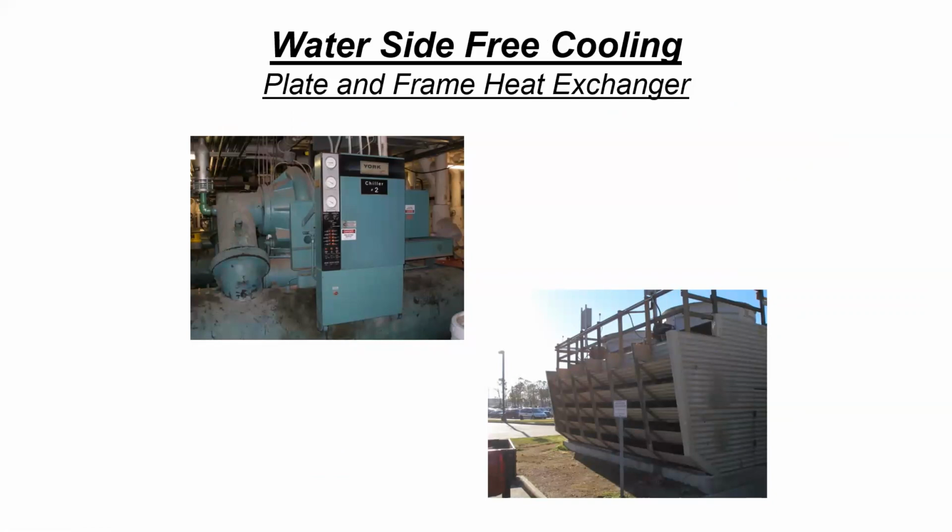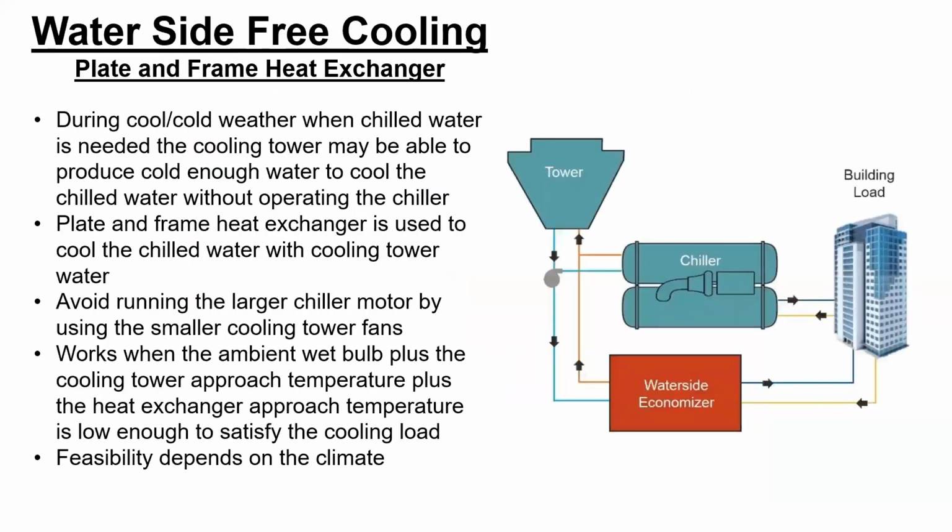We can talk about the plate and frame heat exchanger on the water side of the chillers when we do free cooling. Here, we have a chiller serving a building, and it rejects the heat using a cooling tower. Now, let's assume it's cold enough outside that the cooling tower can provide cool enough water to serve the building. So we don't need to run the chiller, and we can turn it off.